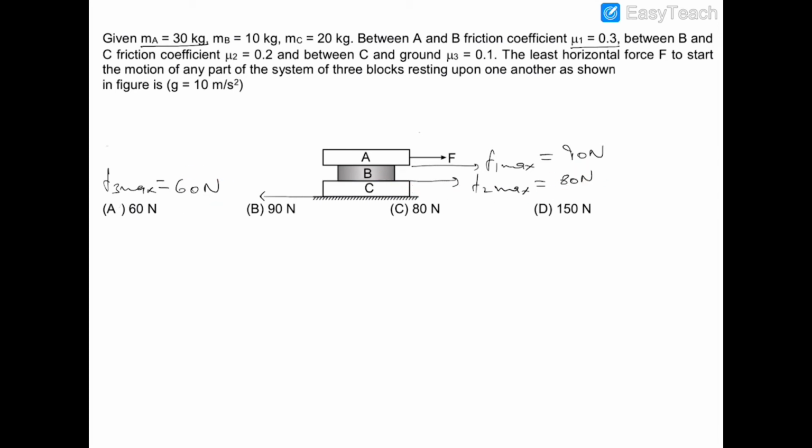So 80 Newton will move the C, and this 90 Newton will move the B. So I can say that if I apply a minimum of 60 Newton force, then this system of A, B and C will move together on the ground, and on increasing this force further, then sliding will occur one by one on these surfaces of the blocks. So the answer of this question is option number A.